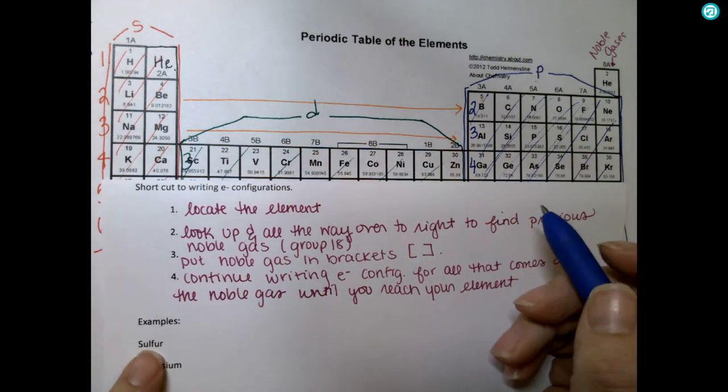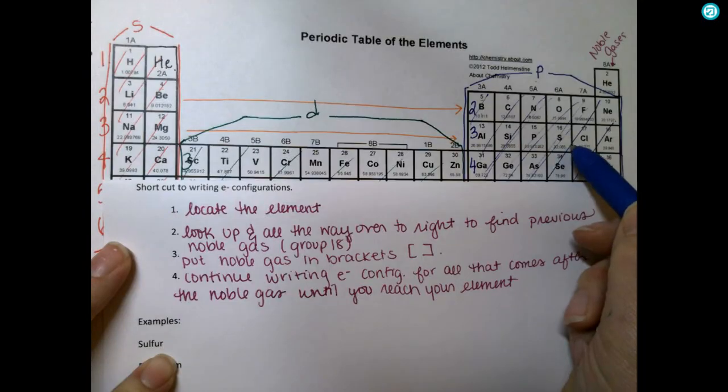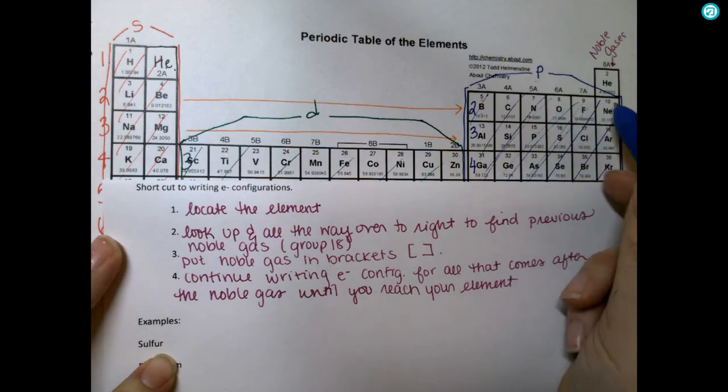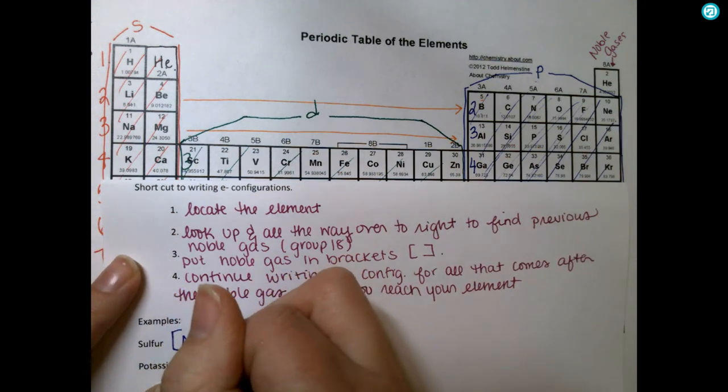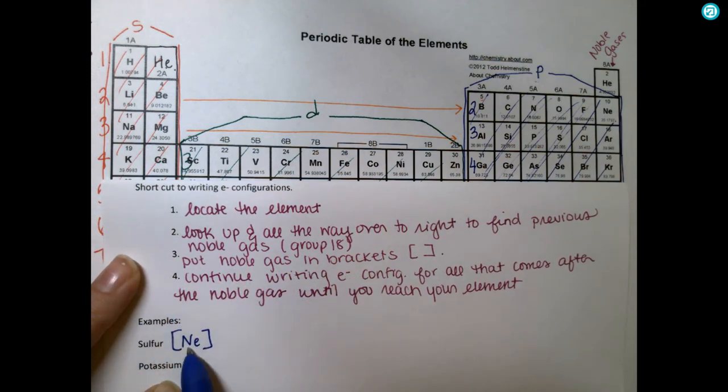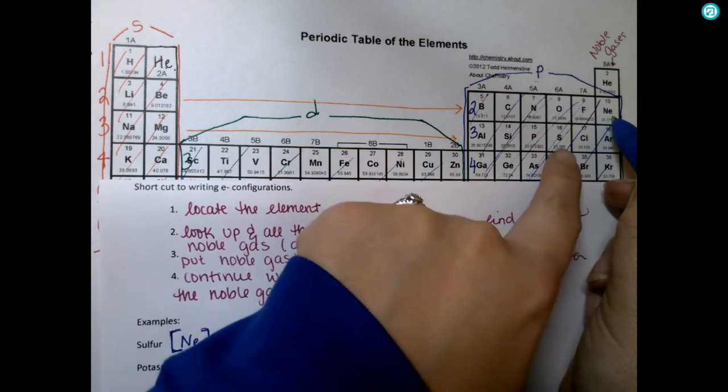So if my first example is sulfur, sulfur's here. If I come up and over, my previous noble gas is neon. So I'm going to put neon in brackets. Remember that it's a capital first letter, lowercase second letter, and these look like brackets, right? So at 90 degrees here. And then I'm going to write everything that comes after neon before I get to sulfur.